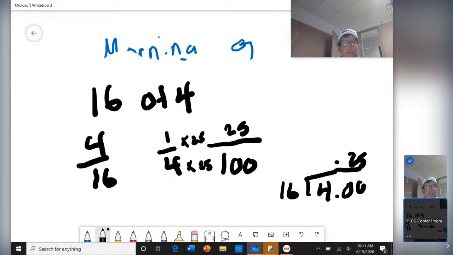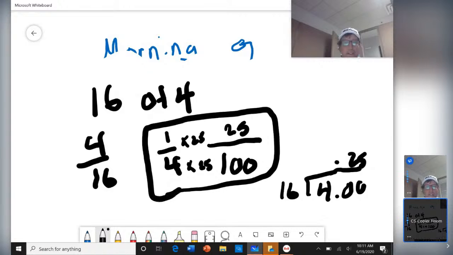And some of you do a little bit better dividing. This right here might be a little bit easier because you're like, yeah, I just have to figure out how to get to 100. And then I would just multiply whatever I multiply the bottom by, I have to multiply the top by.